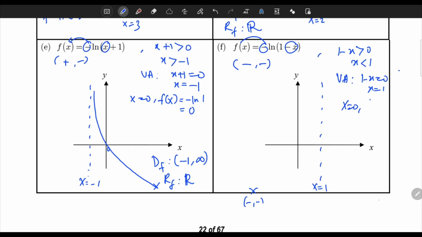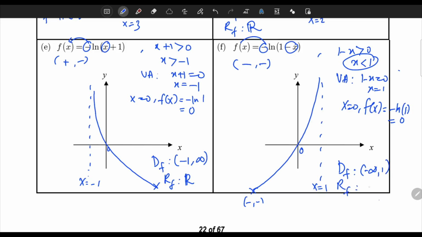When x is 0, so f(x) equal to negative ln 1. So that is also 0. So it passes through the origin again. Okay, so let's sketch a graph with something like this. Okay, so that's your origin. So domain. This is where you get the domain. So negative infinity to 1. Range will be real numbers. Right?